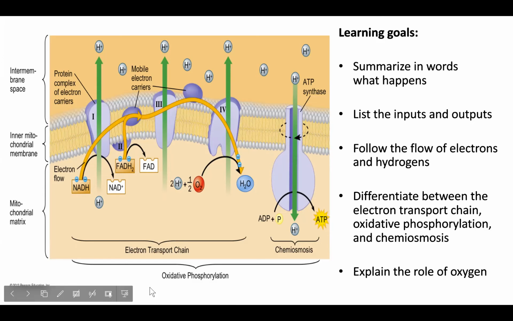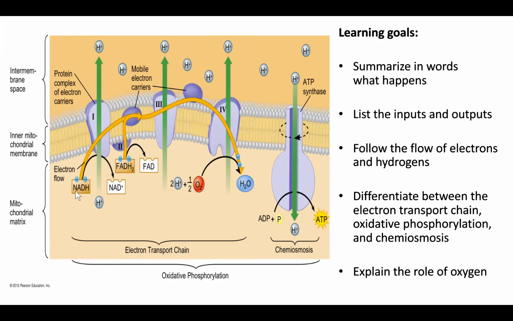So what happens? This whole process is called oxidative phosphorylation. And there are 2 parts to it, the electron transport chain and chemiosmosis. In our previous steps, we had a bunch of high energy electrons that we put into our electron carrier molecules, FADH2 and NADH.